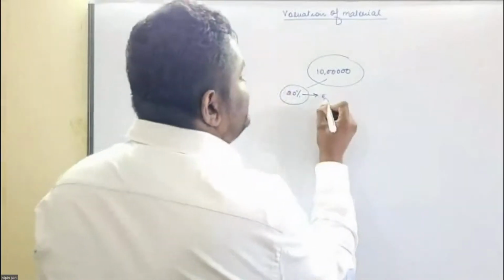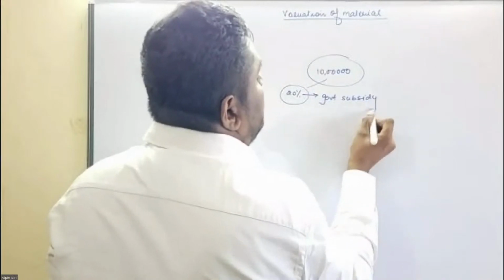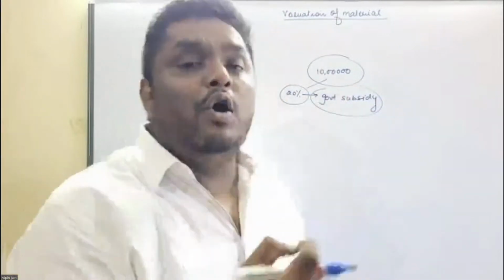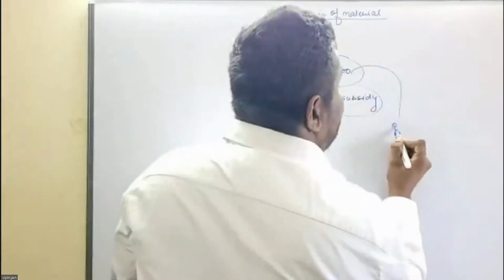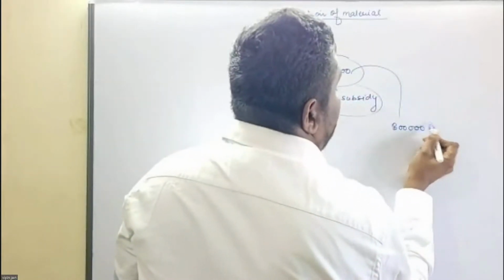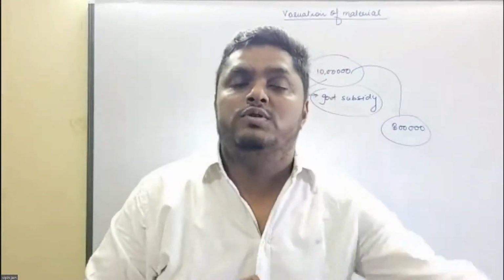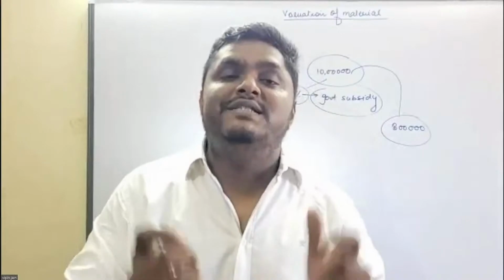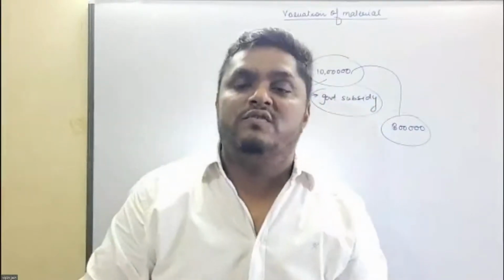So 20% is the government subsidy. So the amount borne by my company is how much? Only 8 lakh. So this will be the cost that will be recorded in my books of accounts. So government subsidy, if given in the question, you have to reduce it from the cost of purchase.